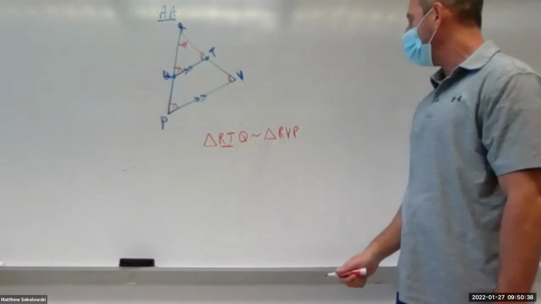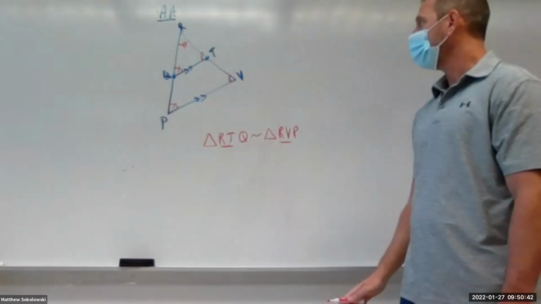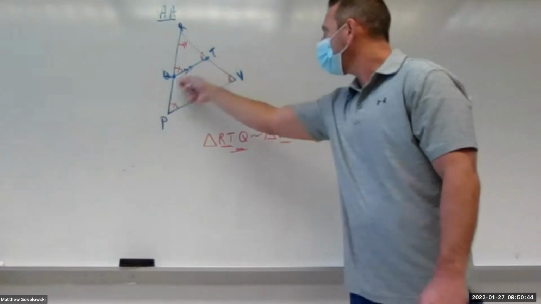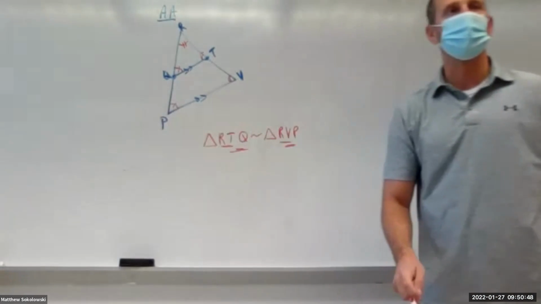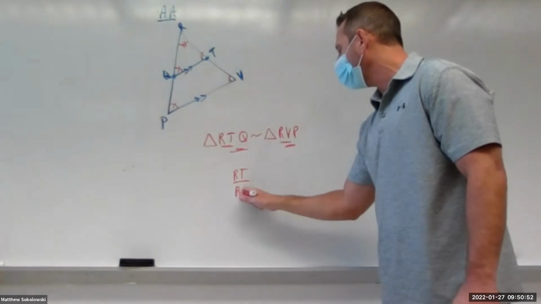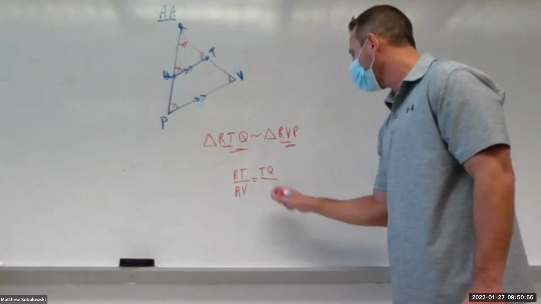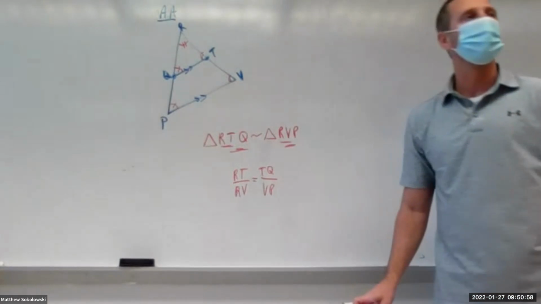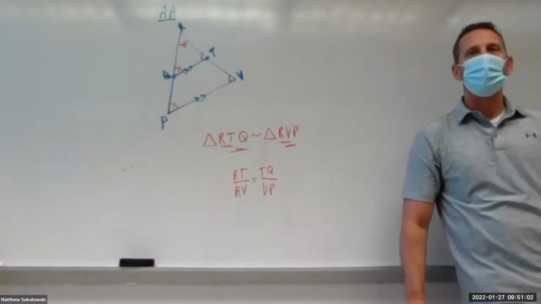RT, first two letters. RV, first two letters. TQ, second two letters. VP, second two letters. Those form ratios. RT over RV equals TQ over VP. There's your proportion. You can cross multiply to find the missing side.